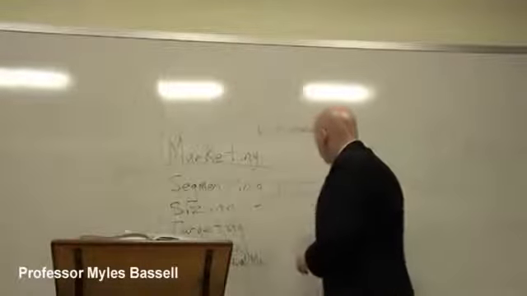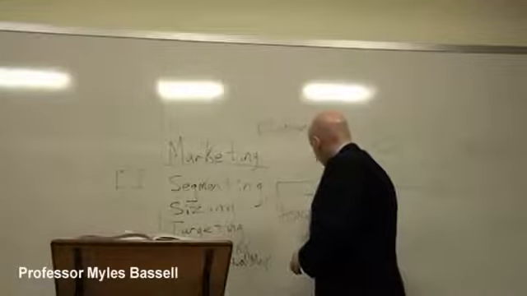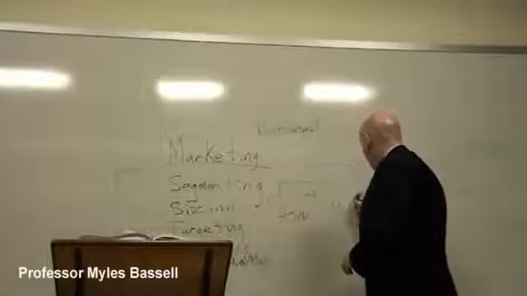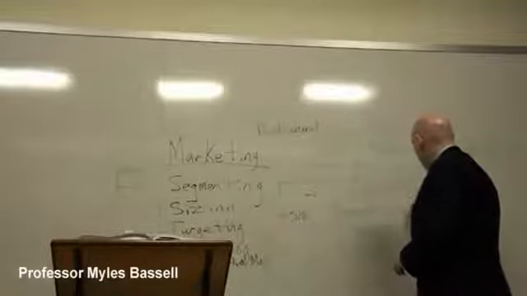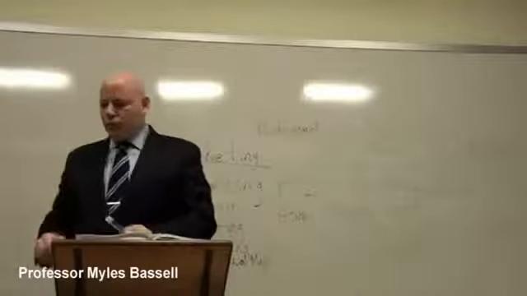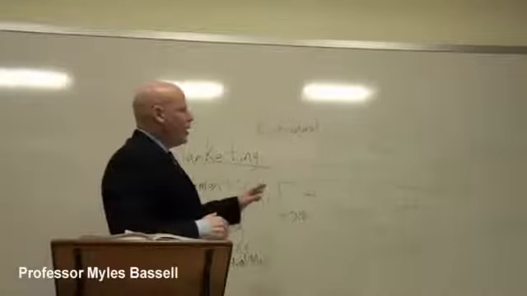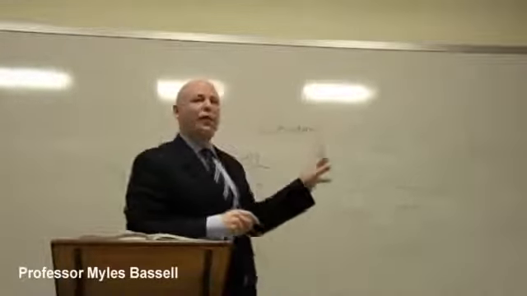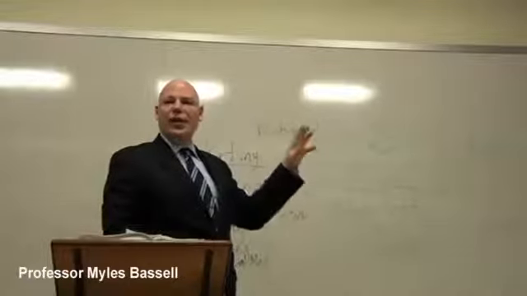But in terms of usage rate, we have heavy users, moderate, and light. And we'll also talk about product benefit and how that's a significant way to segment a market.